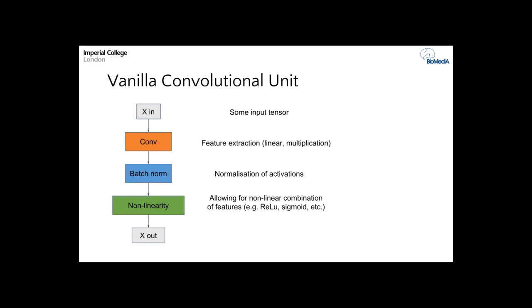And then some nonlinearity. And then basically, if you daisy chain a lot of those together, you will have a basic neural network. So the question is, there are some parameters in there, obviously, right? In your convolution, how large should the kernel be? How many channels should I have?